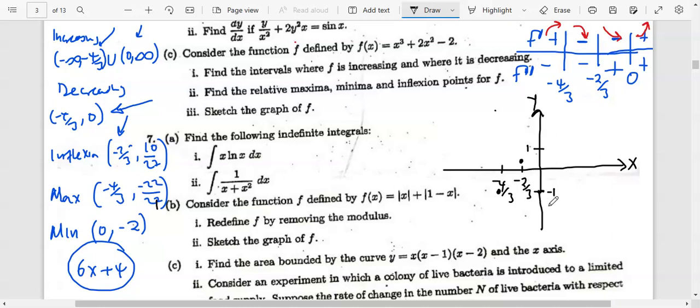So that would be negative 4 over 3, comma negative 22 over 27. Okay, and then the next one we have got 0, comma negative 2. Negative 2 will be somewhere here for the y. So it will be like here.